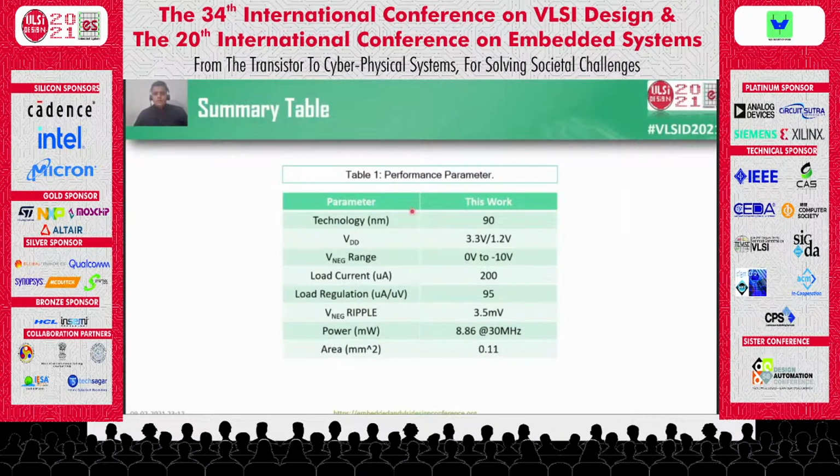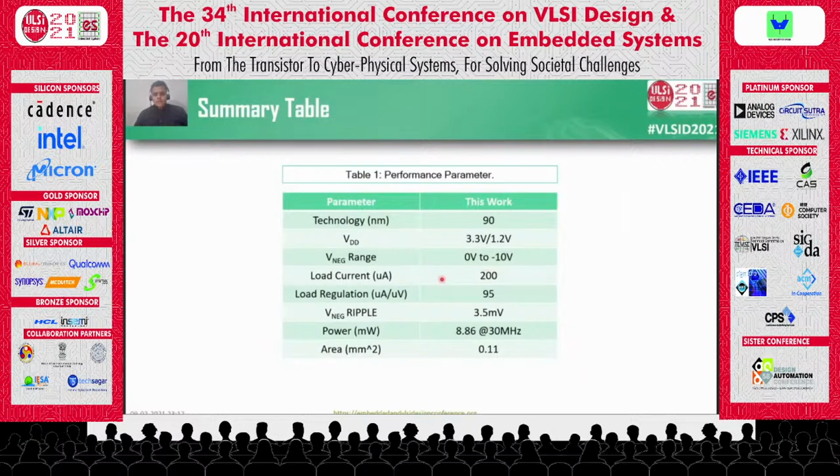In the summary table, we have used the 90 nanometer triple well technology, and our supply varies between 3.3 volt and 1.2 volt. 3.3 volt is used for the charge pump circuit, and 1.2 volt is used as the supply of the regulator. We have a VNAG range of 0 volt to minus 10 volt, and the maximum load current for our circuit can be up to 200 microamperes.